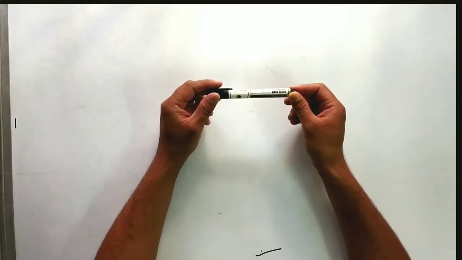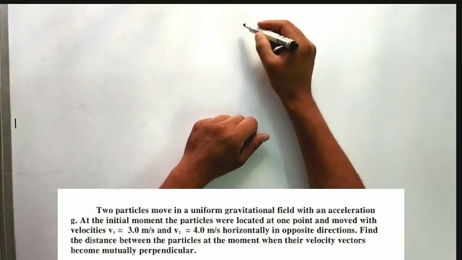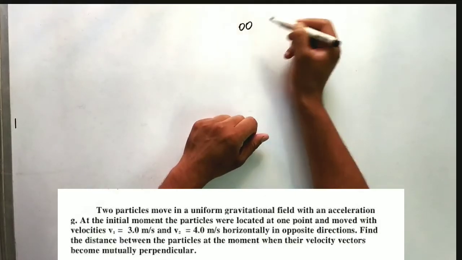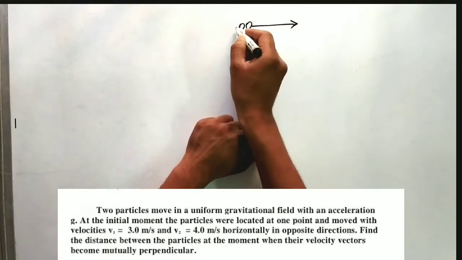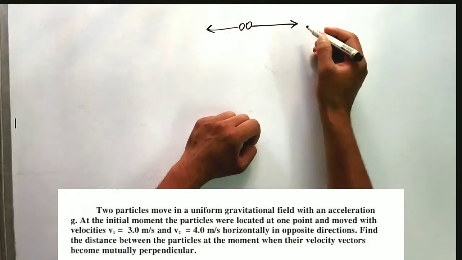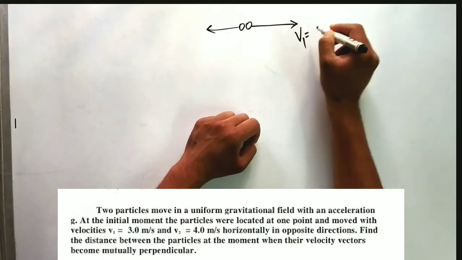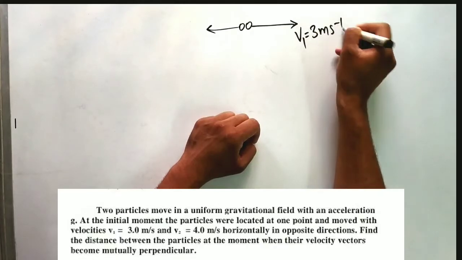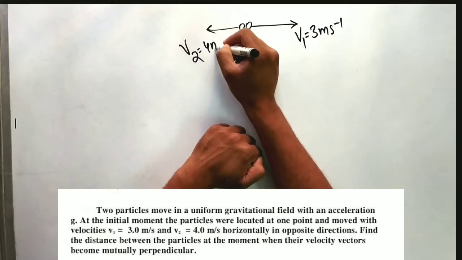So the first question that we're going to look at is a question where we have two particles which were at the same point in a gravitational field. One of them is moving with a velocity v1 equals 3 meter per second. The other one is moving with a velocity of 4 meter per second.